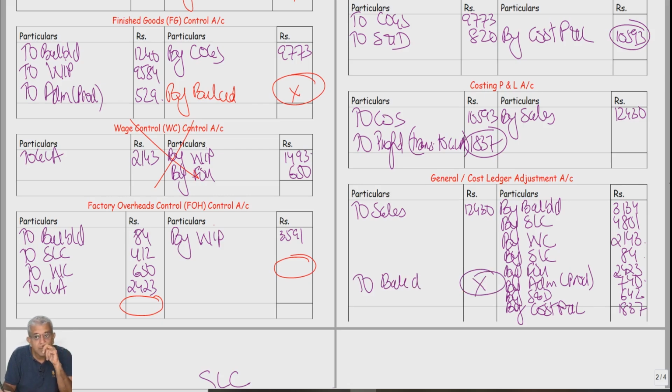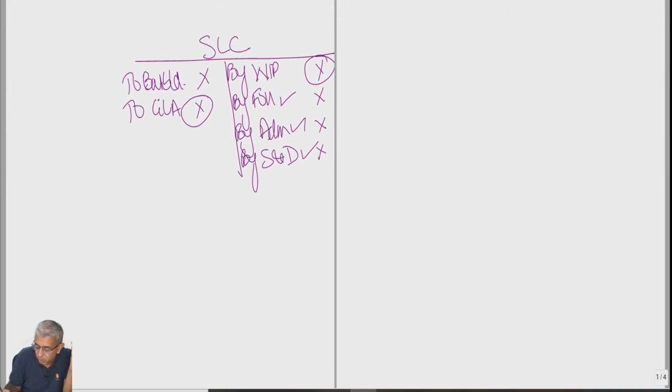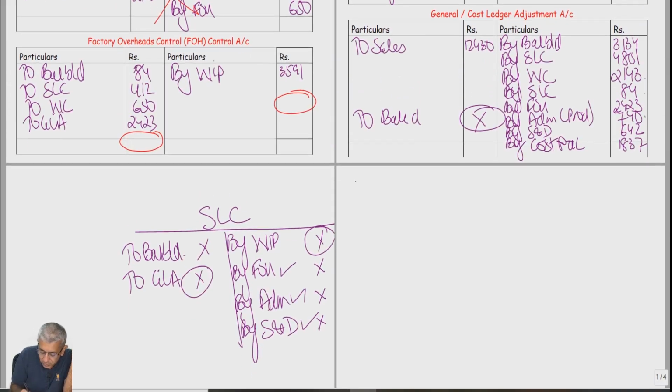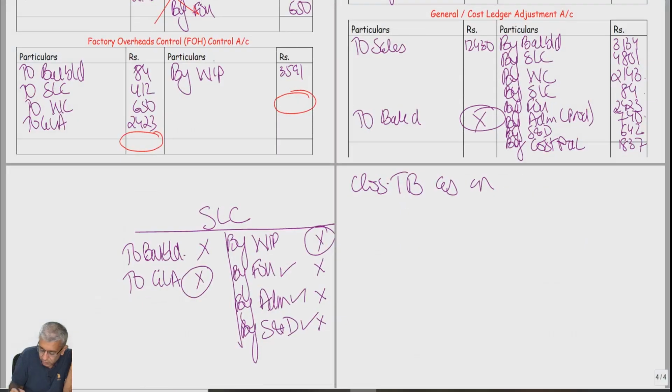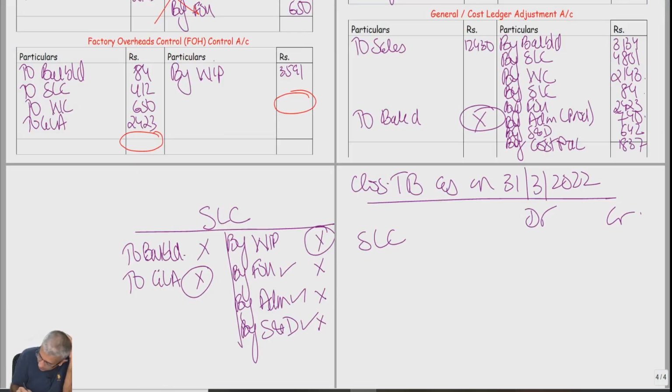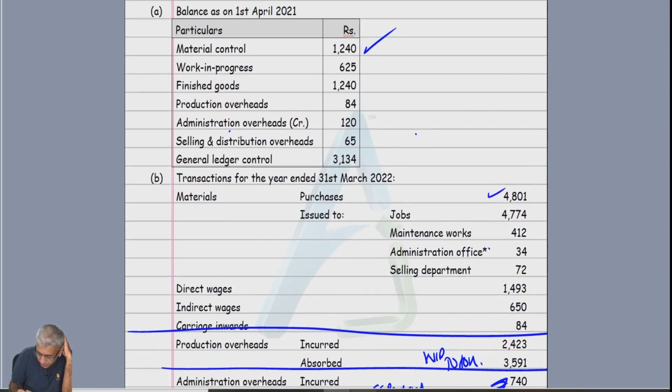You all do this and start to make your closing trial balance. I will also be making it, but once you all finish, you tell me the final amounts. Closing trial balance as on 31st of March 2022. I'll not write down debit credit, because in the opening trial balance the format was different. I like to follow this particular format only.